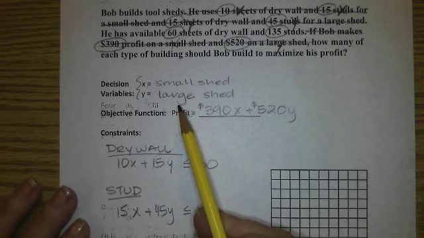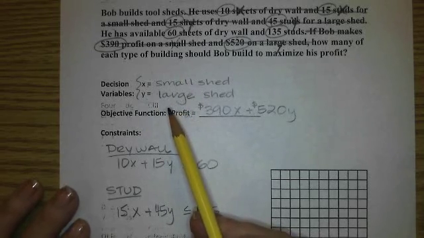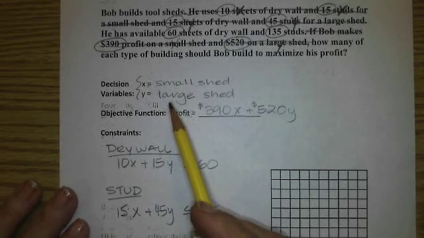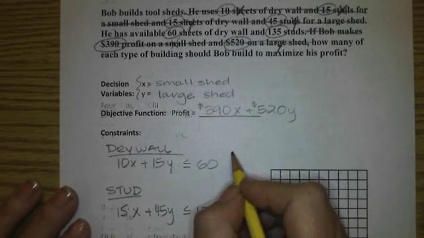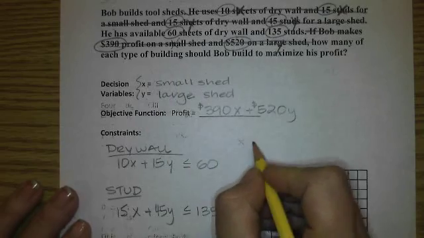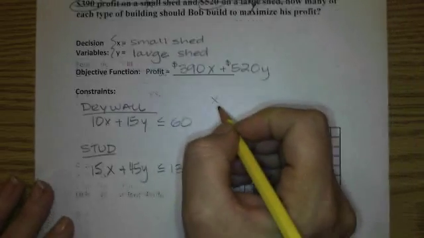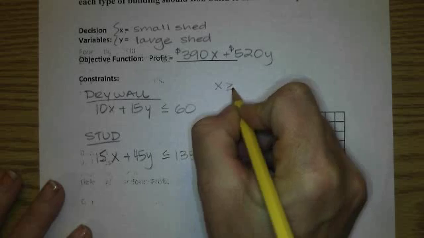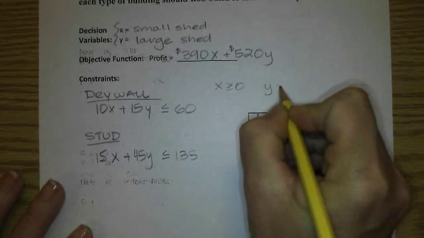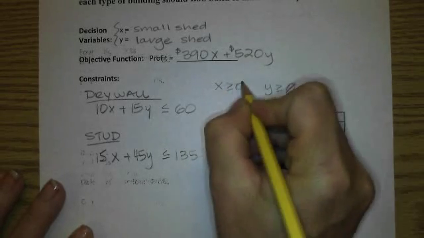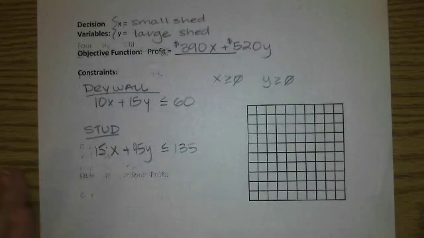You are producing something. You can either produce 0 or you can produce more than 0, but you can't produce negative numbers. So the other things that we need to include as part of the constraints is that X has to be greater than or equal to 0, and also Y has to be greater than or equal to 0. So now we're at the point where we can start to graph this.